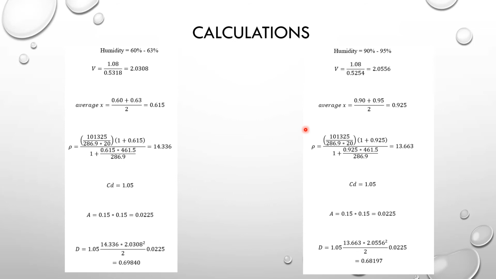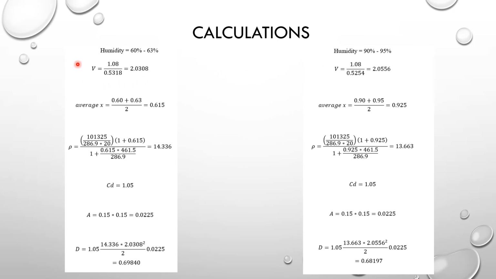We can see here the calculations of the two experiments done in different humidities. On the left side is the lower humidity, and on the right side the experiment with the higher humidity.